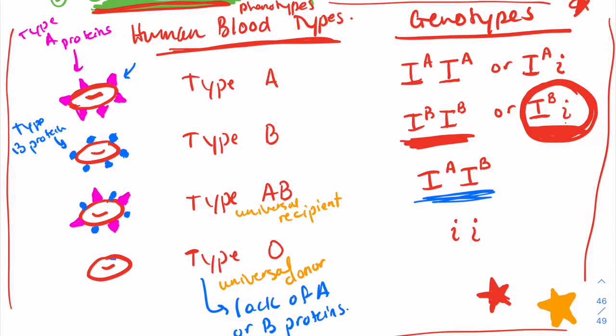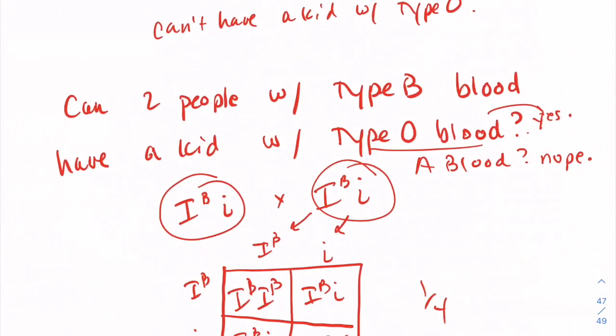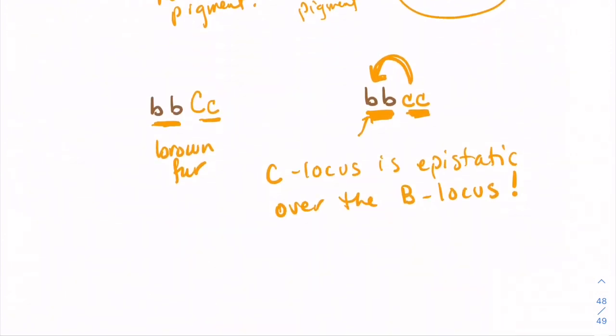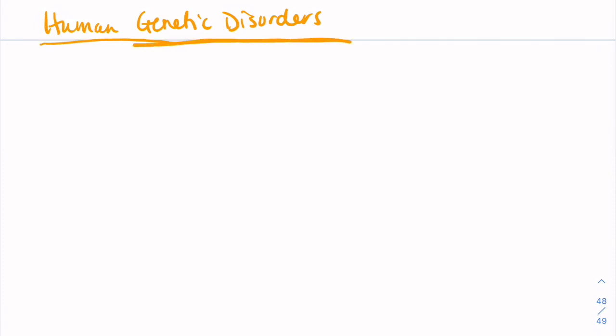And because there are a lot of human genetic disorders, there are lots of inherited traits that can affect human health. So we're going to look at some human genetic disorders. And the inheritance pattern is going to be a little different.